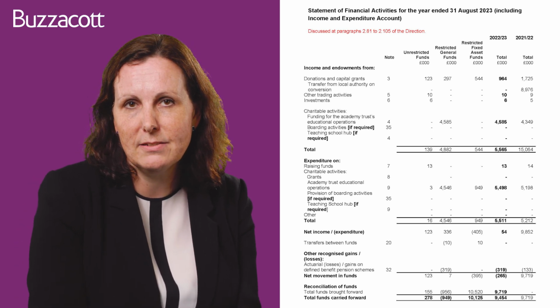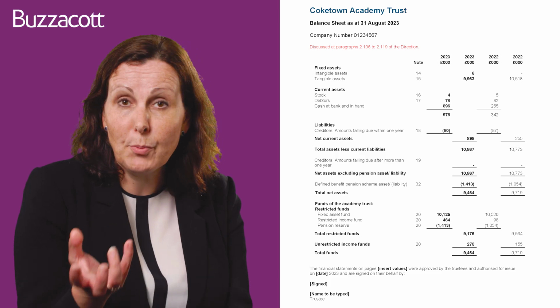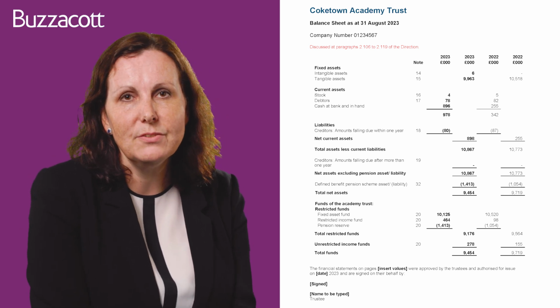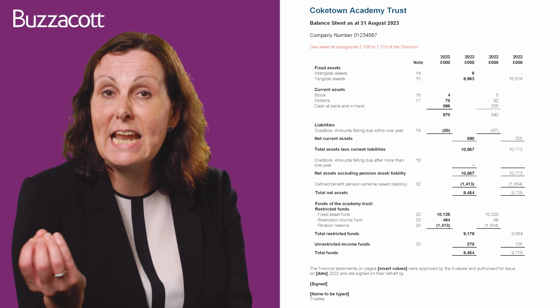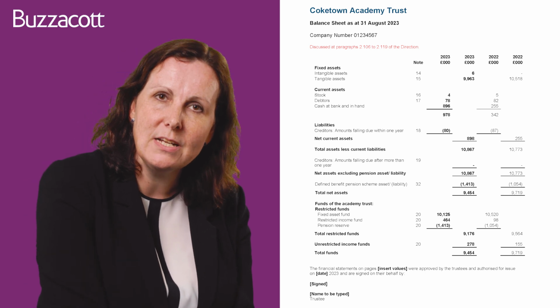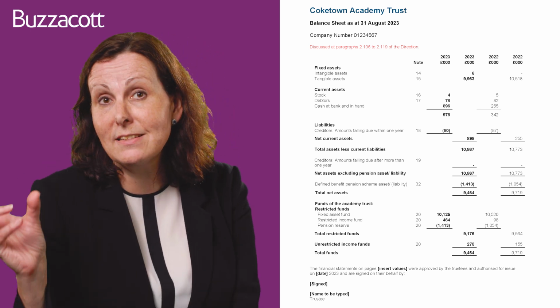So if we just then move to the balance sheet, just to flag a few points here. If you look at the bottom half of the balance sheet, on the statement of financial activities we had the negative restricted general fund. So we'll have a look at this in the context of the balance sheet.